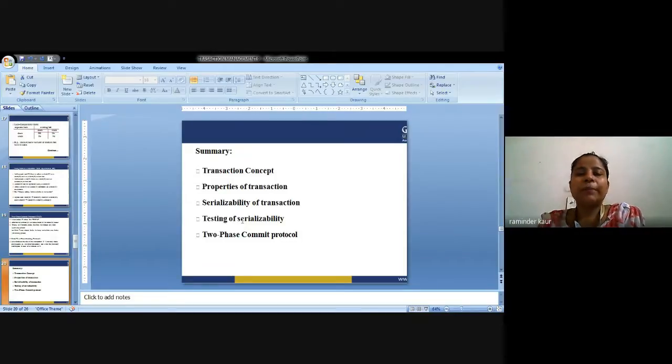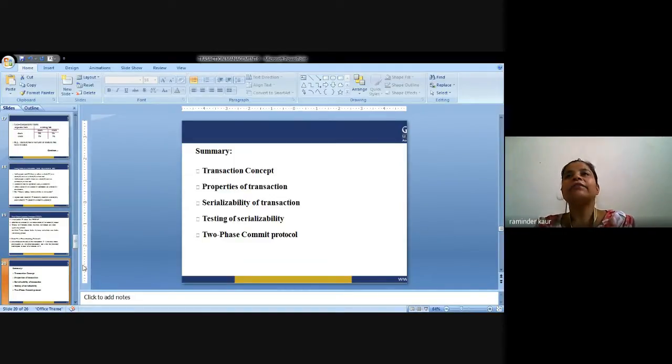So what is the summary of today's lecture? Transaction concepts, properties of the transaction, serializability of the transaction, testing of the serializability, two-phase commit protocol.